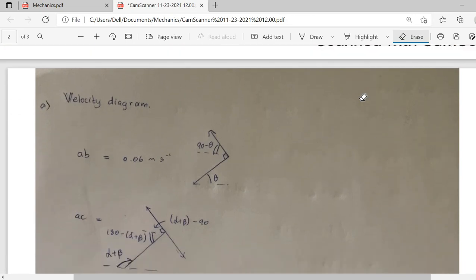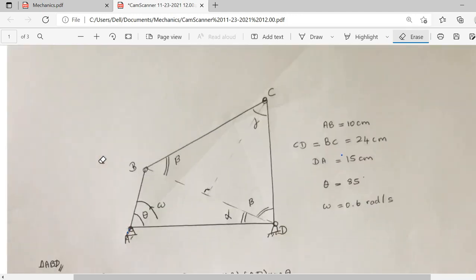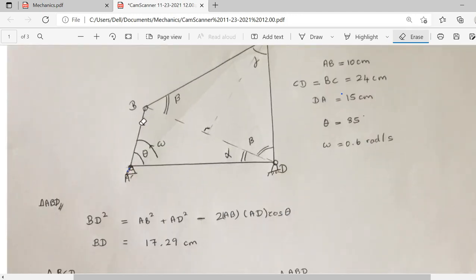So here I have marked that we already know the value of AB, which means B's actual velocity with relation to A. As A is a fixed point, we can directly tell AB would be equal to 0.06. How I get that value is, I have multiplied this AB length, which here I have as 10 centimeter, which is similar to 0.1 meter, into omega. I have got 0.6, so I have multiplied that.